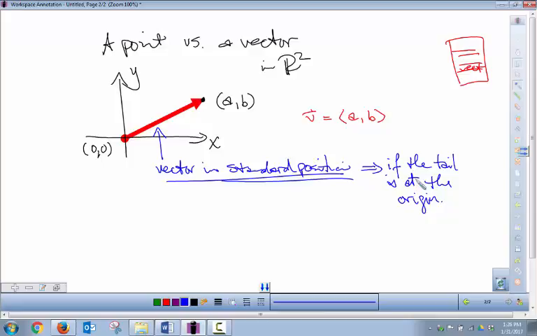And if a vector's in standard position, you can call that vector by name now, AB, whatever point the head is pointing to. So that is when we can consider the point as a vector and the vector as a point.